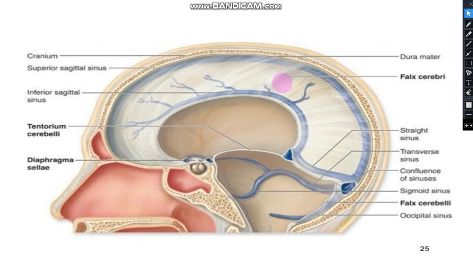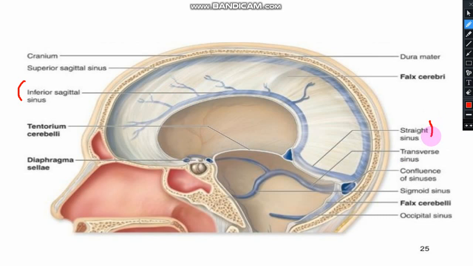One is the inferior sagittal sinus, which you can see here, and the straight sinus.